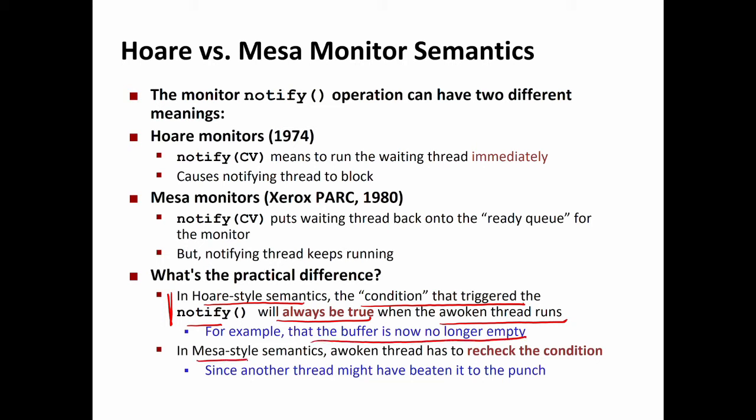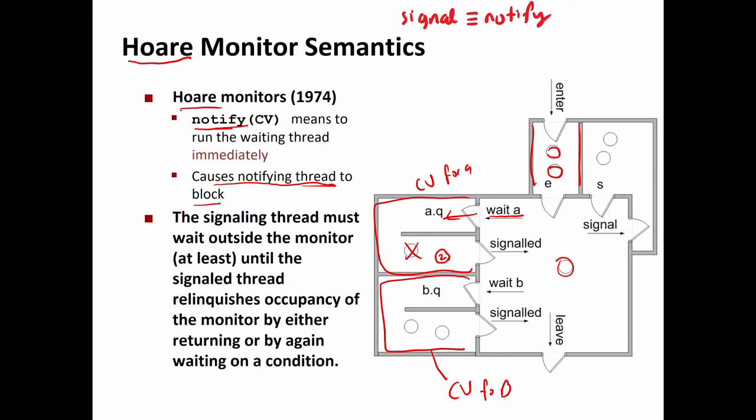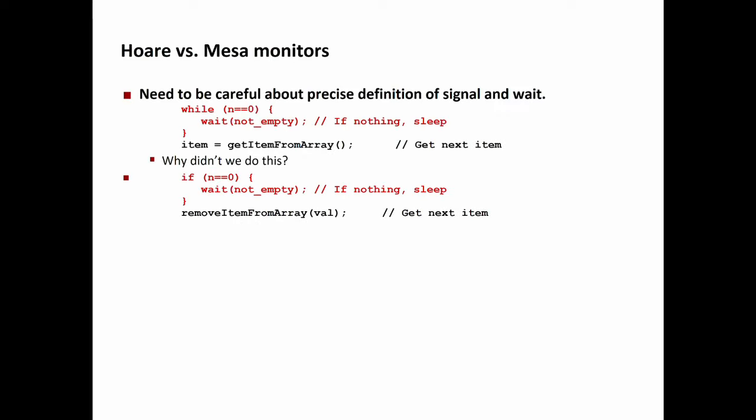In the Mesa case, however, the thread that just woke up has to recheck the condition, okay, because another thread may have gotten in and basically changed this situation. This is the main difference between them, okay. So when we do this, we have to be very careful.